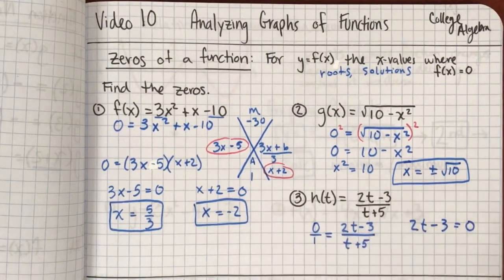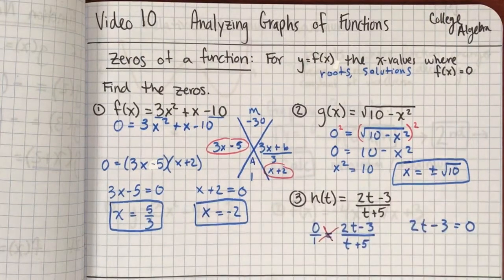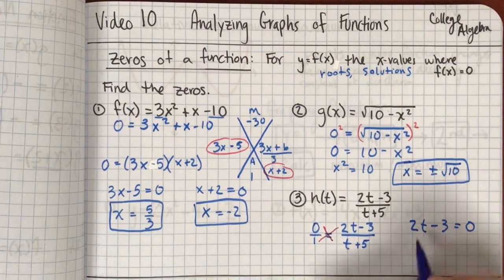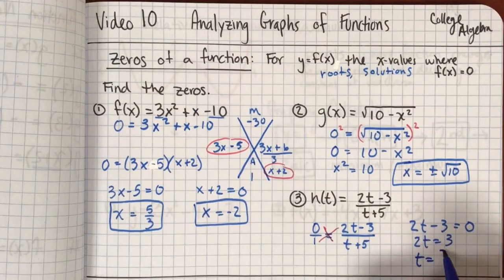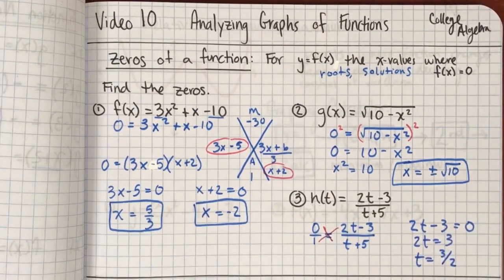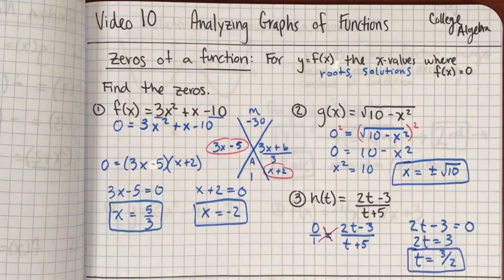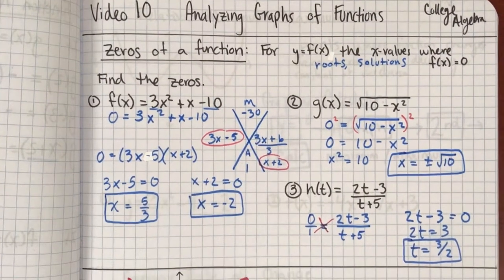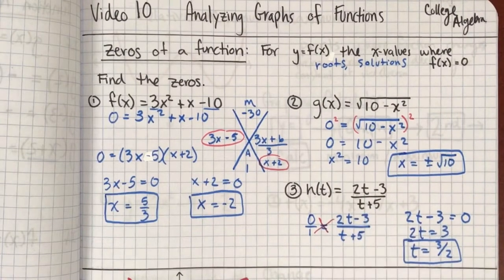That's what happens when I do my cross multiplication. And we get 2t equals 3 and t equals 3/2. Make sure when you have radicals that you plug those in to check your answers. For example, if we had gotten t equals negative 5, that would not have been a solution because I would have been dividing by 0 if I plugged that back in.